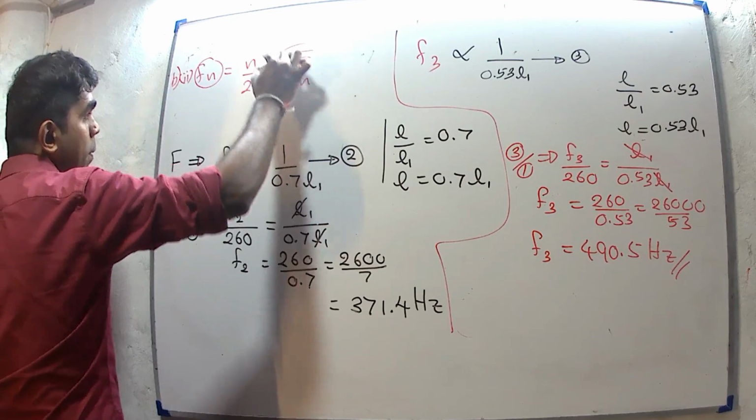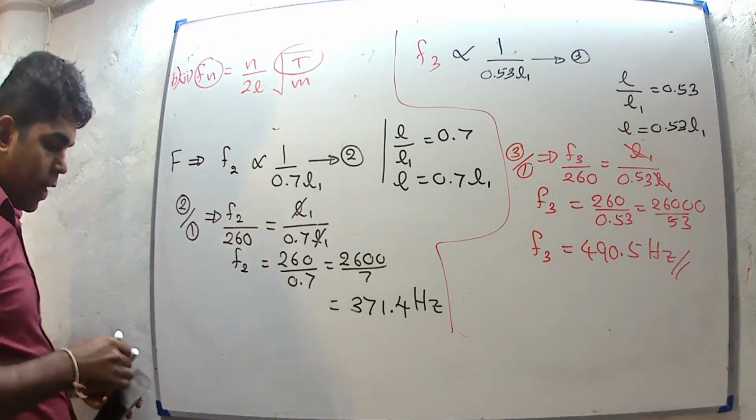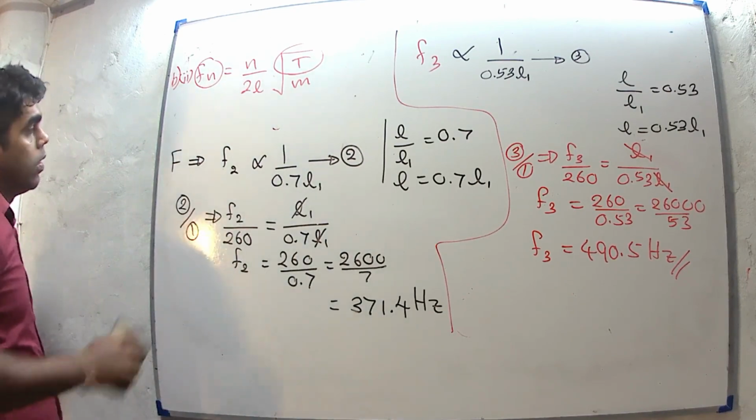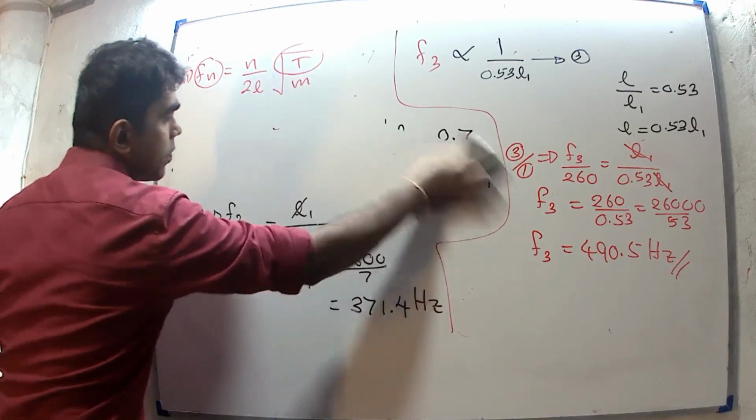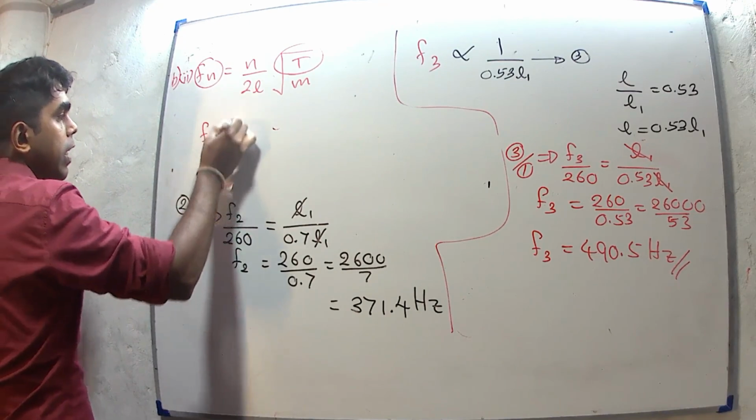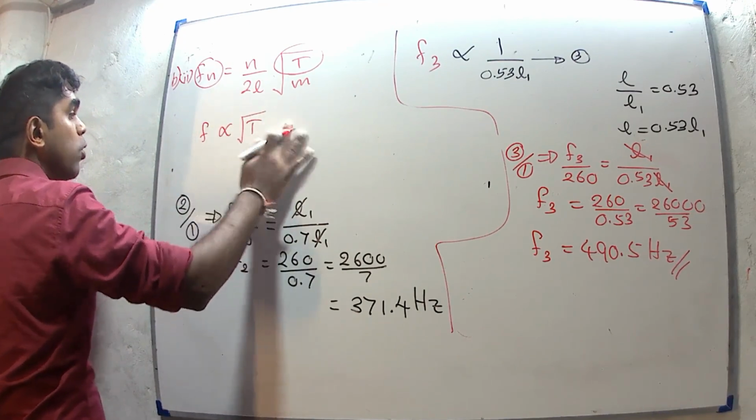Frequency is directly proportional to the square root of tension. Now we are trying to change the tension. Then we can write frequency directly proportional to the square root of tension.